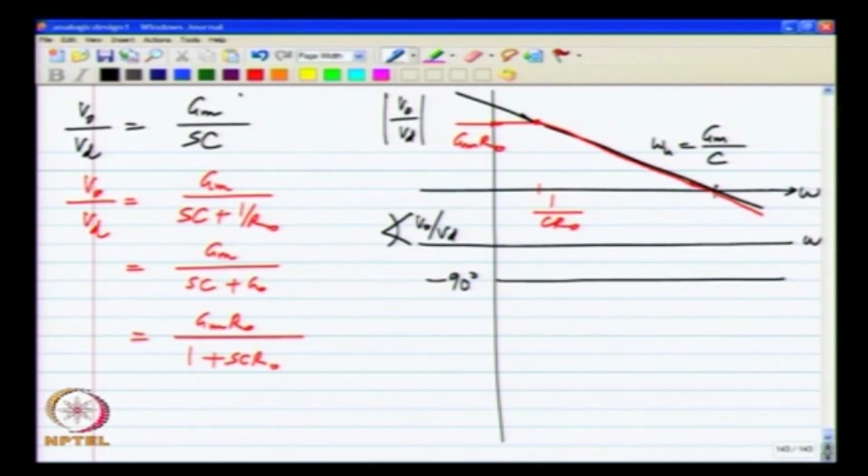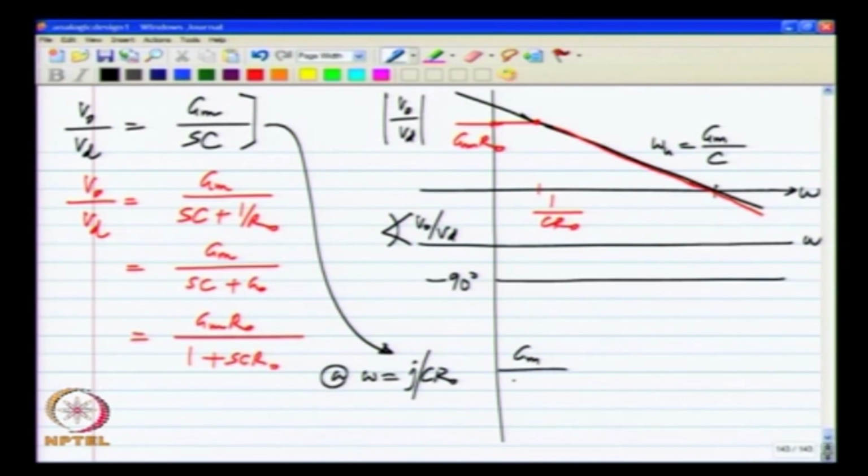if you look at the gain of this particular function, when omega equals j by C R naught, what do you get? At omega equals j by C R naught, the magnitude of this is Gm by 1 by C R naught times C, which is equal to Gm R naught.